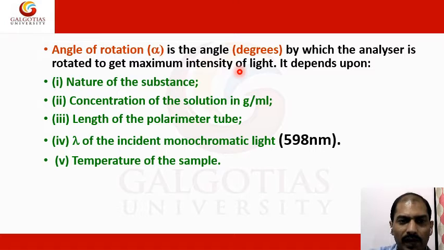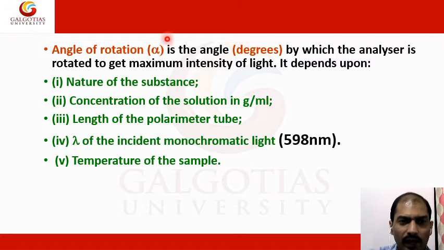It generally depends upon many factors. Among them, the most important is the nature of the substance. Concentration is also equally important: at how much concentration, for example in grams per ml, how much you are taking.